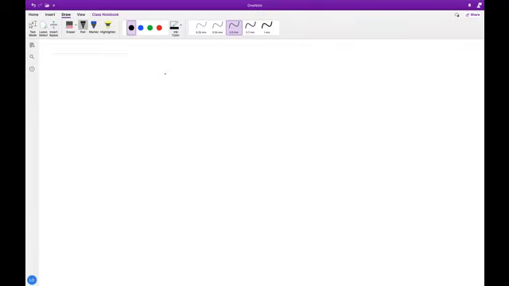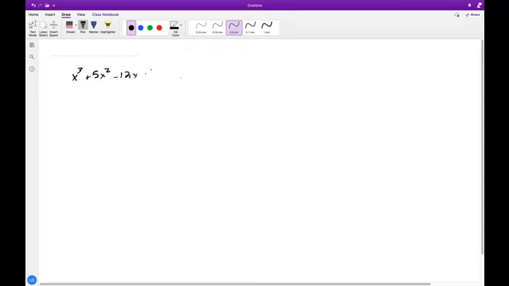Okay, so let's do a quick review of synthetic division and regular polynomial long division. So let's take x cubed plus 5x squared minus 12x minus 36 divided by x plus 2.